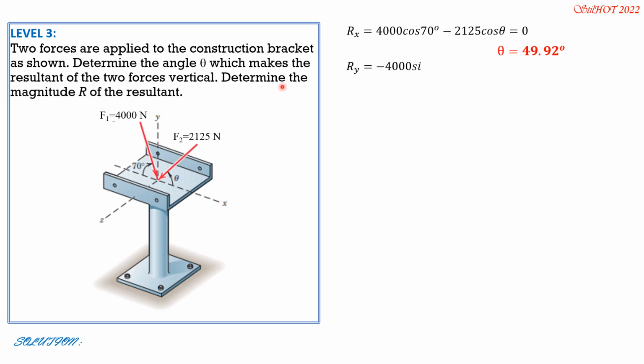So Ry equals negative 4000 sine 70, then minus 2125 sine of theta, which we already computed, then equals R. Ry equals R equals negative 5385. Since the question is to determine the magnitude R of the resultant, its magnitude is not negative. It is positive 5385 because it's just the magnitude.